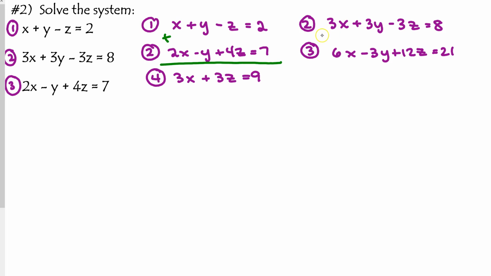Then we're going to add those together to eliminate y, and we have 9x plus 9z equals 29. Okay, and that's equation 5.